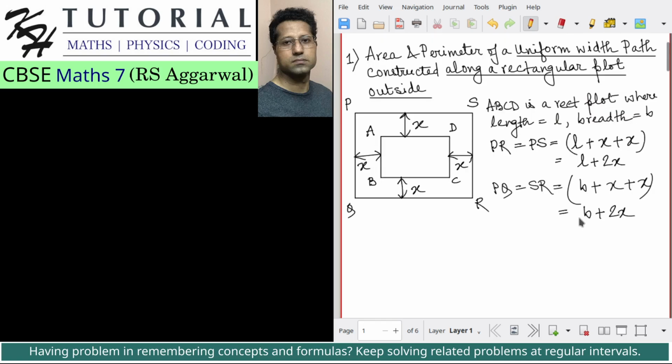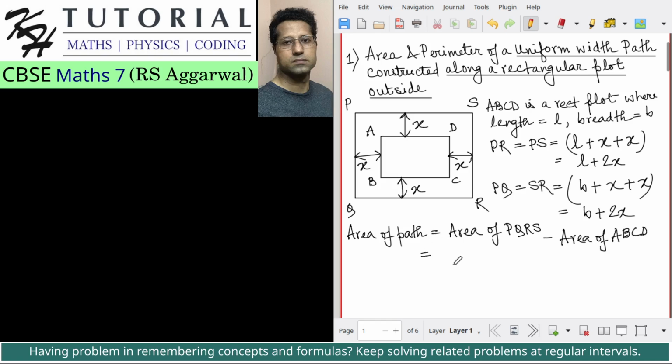Now if you observe carefully, the area of the path will be equal to the area of the outer boundary of the path, that is the area of the rectangle PQRS, minus the area of the rectangular plot, which is ABCD.